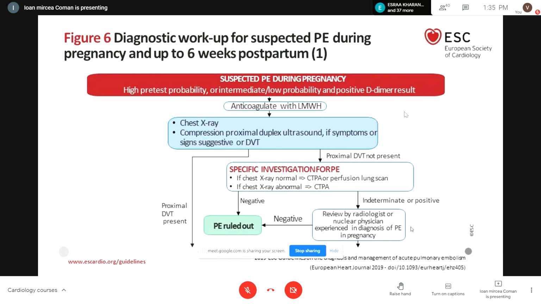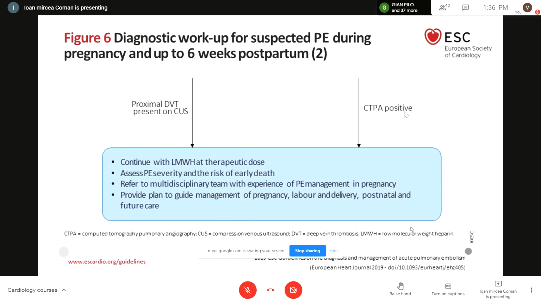There are some tables in the guidelines which show special conditions and what we should do about diagnosis, avoiding radiation or avoiding medication which is contraindicated in pregnancy, for example.